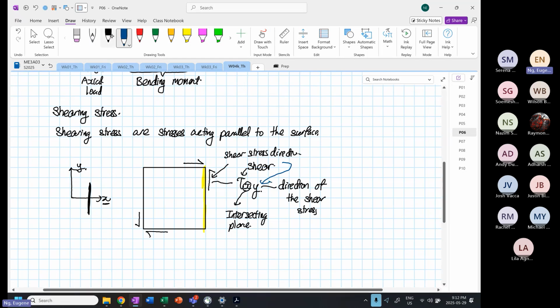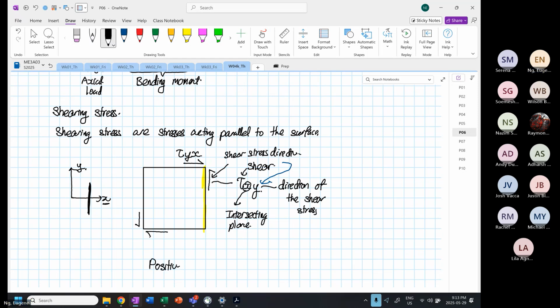The other arrow over here is known as shear YX: the intersecting plane is y, and the direction of the shear stress is x. So what do you see down here? This configuration is known as positive shear.